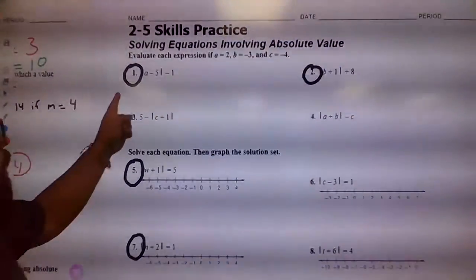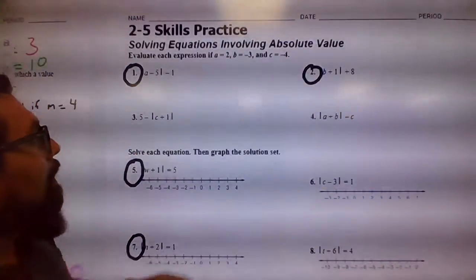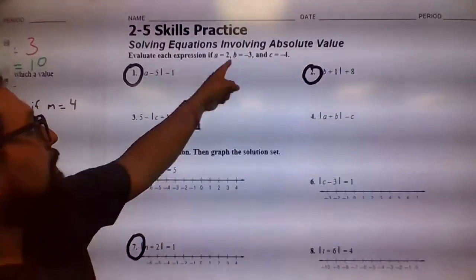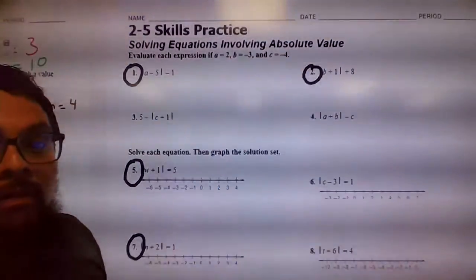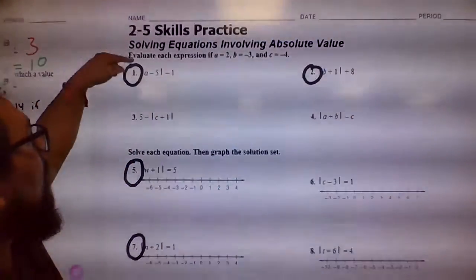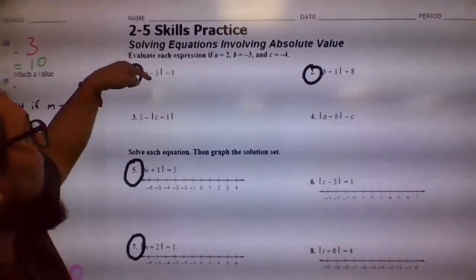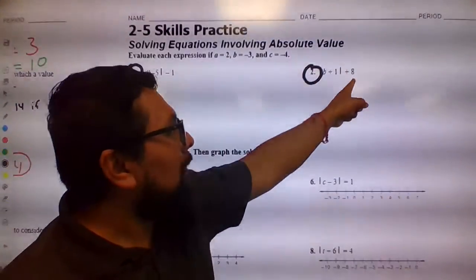Okay, now on 1 and 2, they tell you what A and B and C are. Okay, we're not doing the C ones, but up here, they tell you what A and B is. Okay, they're telling you here. So it's the absolute value of A minus 5 minus 1. The absolute value of B plus 1 plus 8.